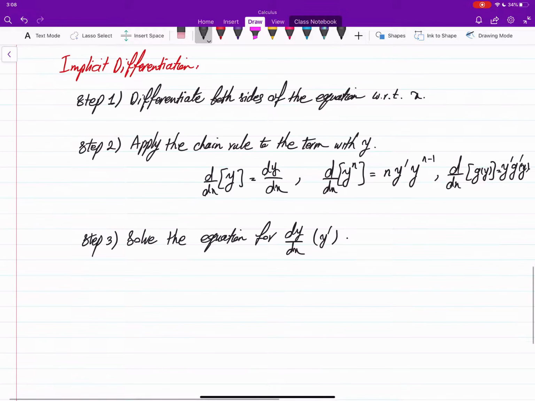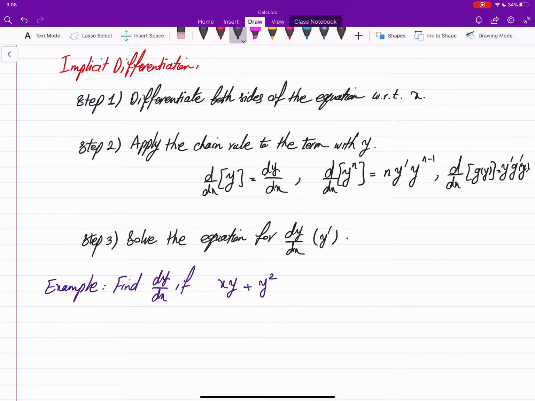Okay, let's do one example, maybe two examples. Example: find dy dx if xy plus y squared is equal to x plus 1.